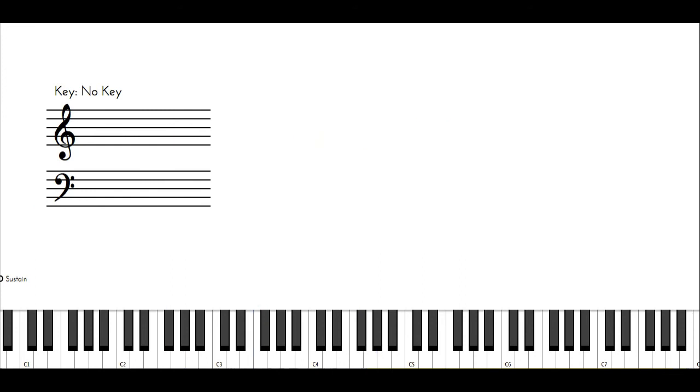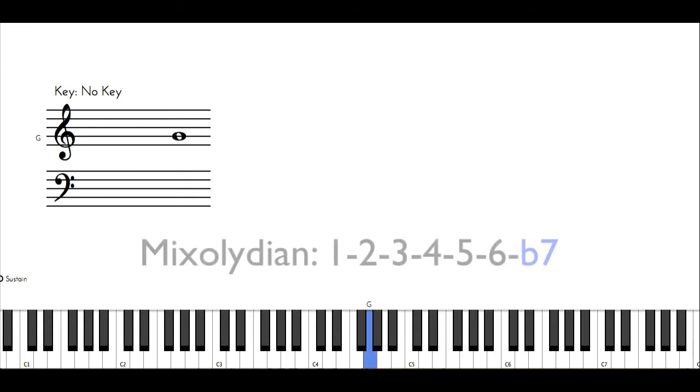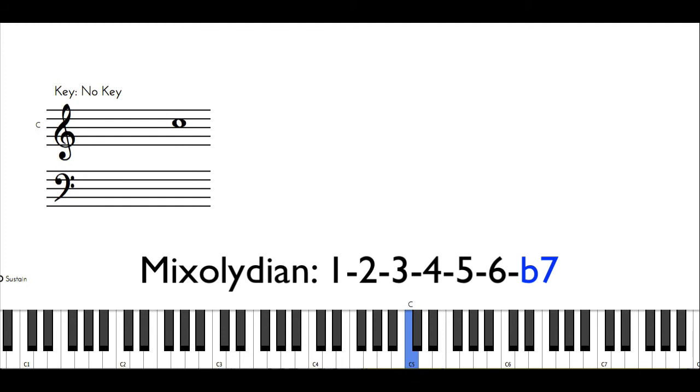So let's review the Mixolydian mode. The Mixolydian mode is the 5th mode in the major scale, so you can play G, A, B, C, D, E, F, G, or you could just remember the formula, which is 1, 2, 3, 4, 5, 6, flat 7, back to the 1.